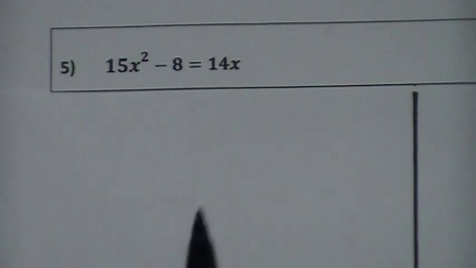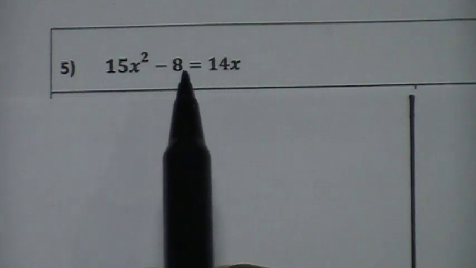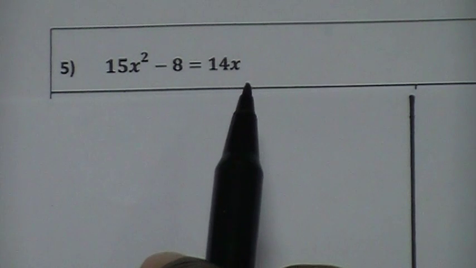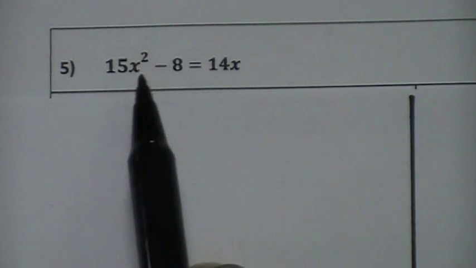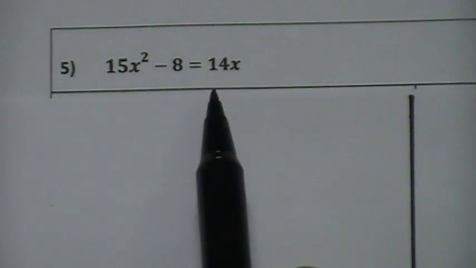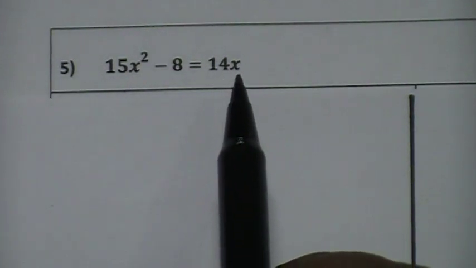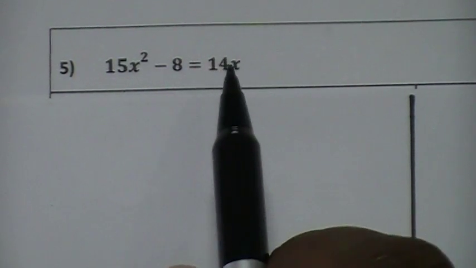Okay, so we're looking at the last one. Now we have 15x squared minus 8 equals 14x. It's a quadratic equation. The highest power is a square. Now we cannot solve a quadratic equation unless it's equal to 0. So we need to remove the 14x from this side.